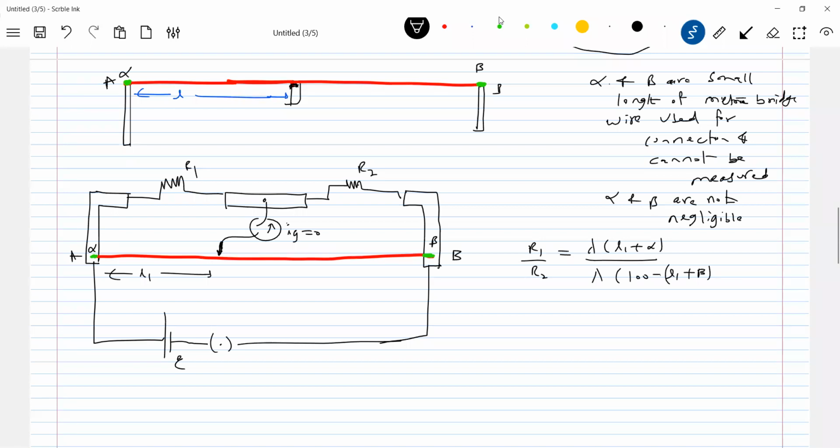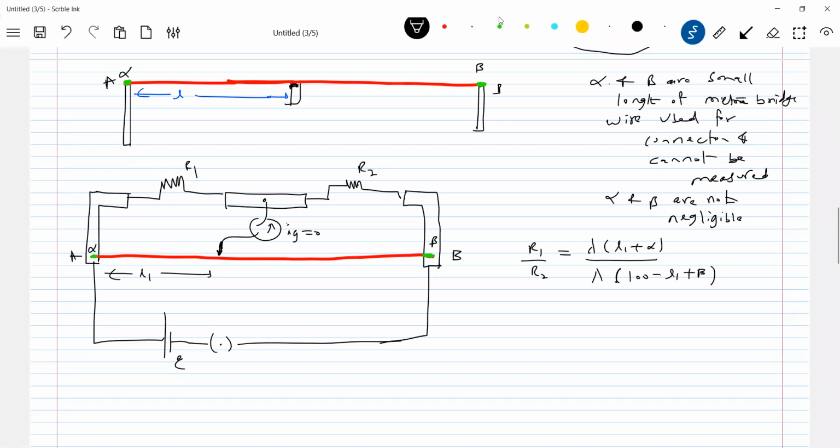Shall I write 100 minus L1 plus beta with a bracket, or only 100 minus L1 plus beta? No bracket, it should not be there, no? 100 minus L1 is the length, and the remaining thing should be added here.